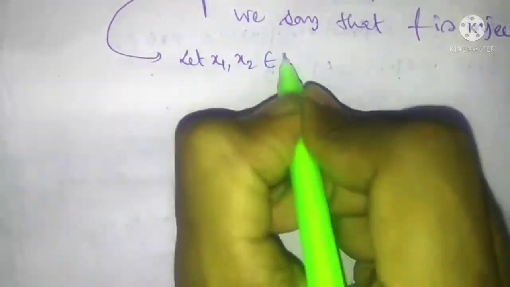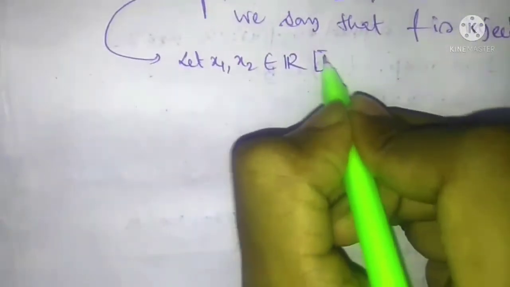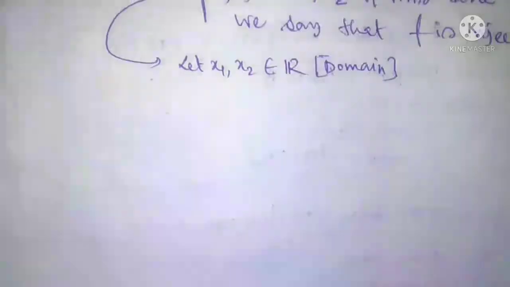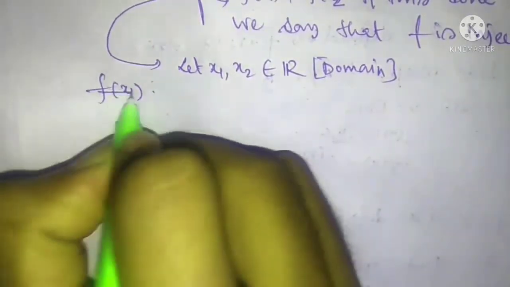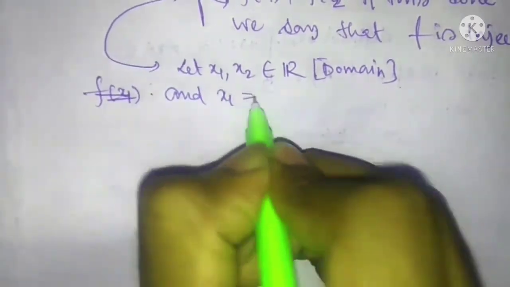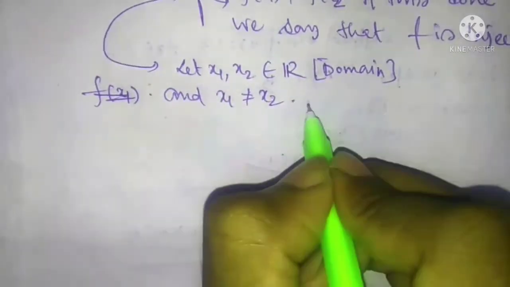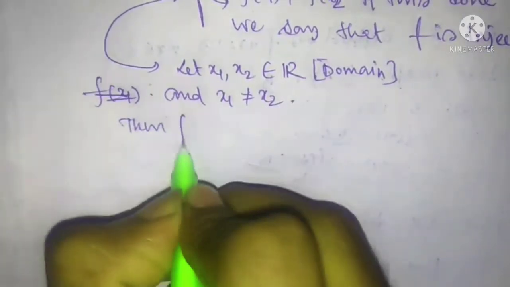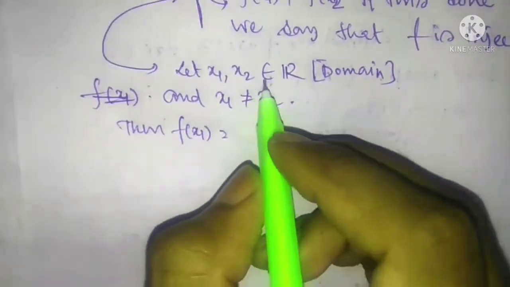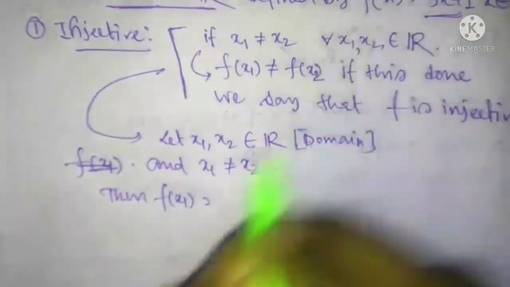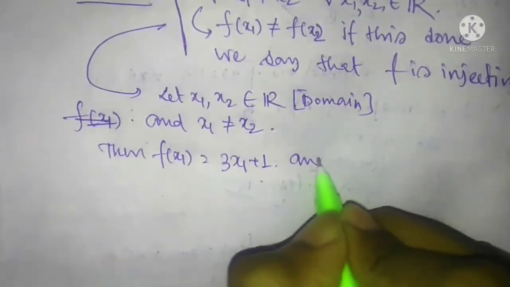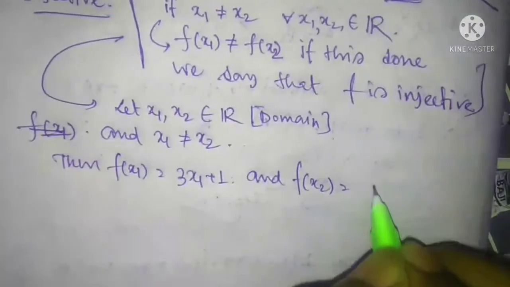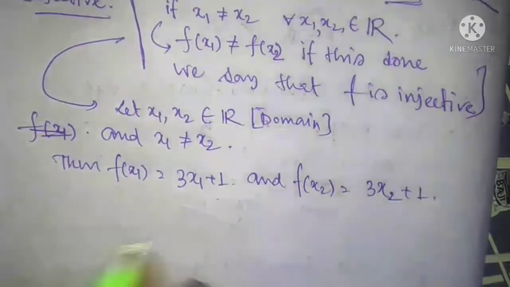Now let x1, x2 belong to the domain set R, with x1 not equal to x2. Then f of x1 equals 3x1 plus 1, and f of x2 equals 3x2 plus 1.